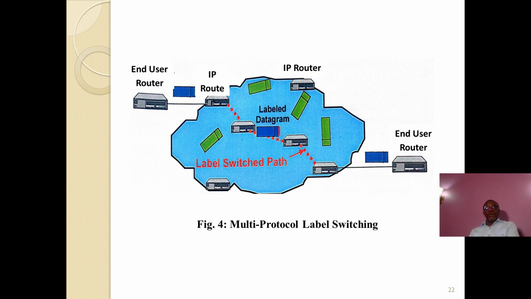So look at this Fig 4 that makes use of this protocol called MPLS. See one end user, see the other end user. Before the two end users will communicate, there should be a circuit established. Look at the dotted line that is shown in red, that is established through which the packets from one end user to the other end user will follow.